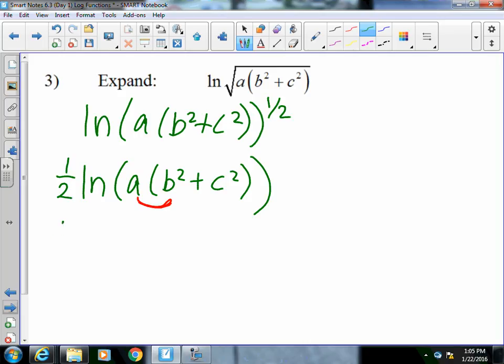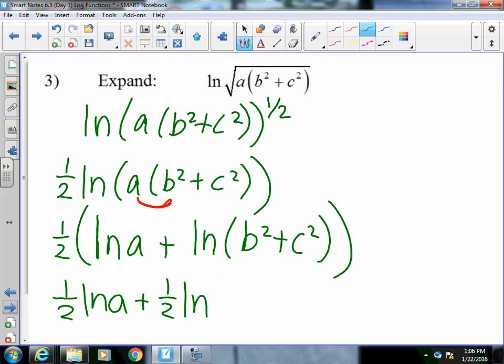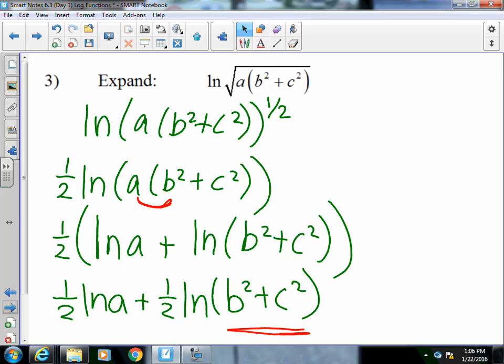So I can separate into the natural log of a plus the natural log of b squared plus c squared. But I have to distribute my 1/2, so 1/2 ln of a plus 1/2 ln of b squared plus c squared. And that's all the farther we can go because we do not have any rules that allow us to separate addition in a logarithm. We can spread out multiplication, we can spread out division, but nothing else.